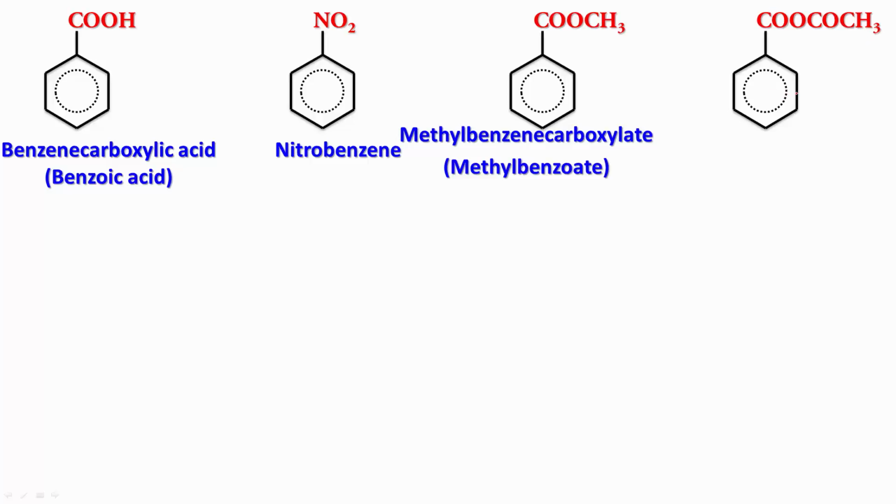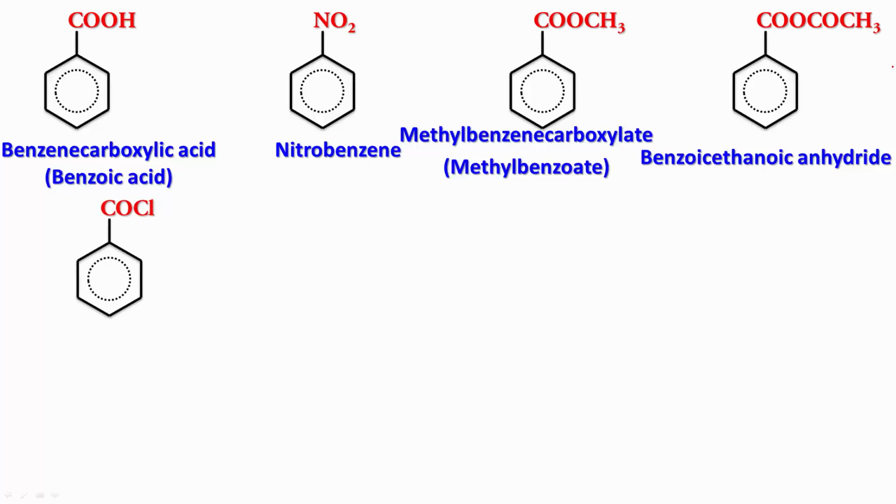So one of them is benzoic, ethanoic anhydride. So this is benzoic ethanoic anhydride. What would you call this one? It's benzene carbonyl chloride.